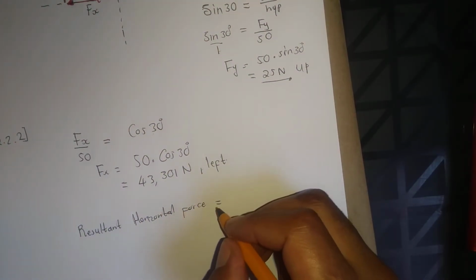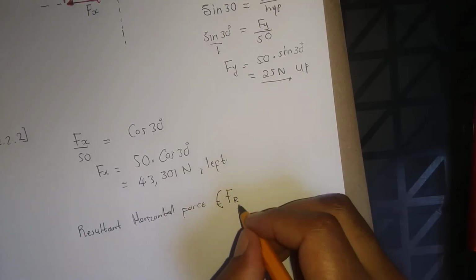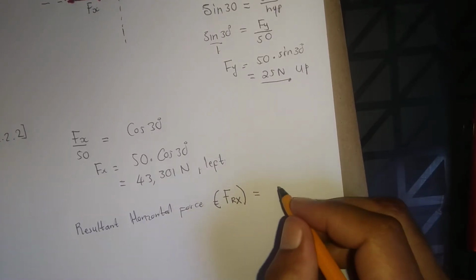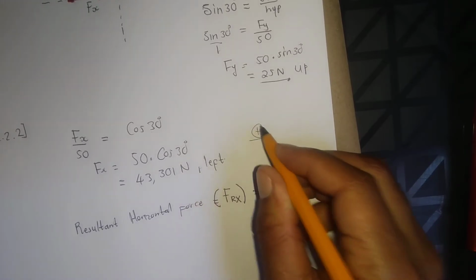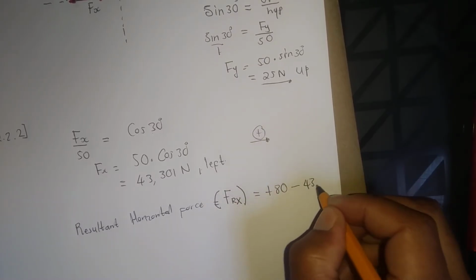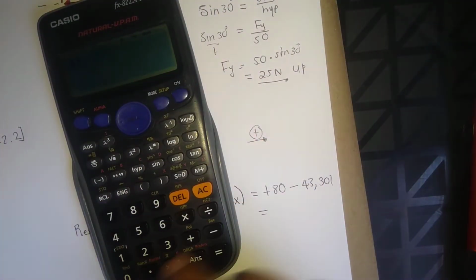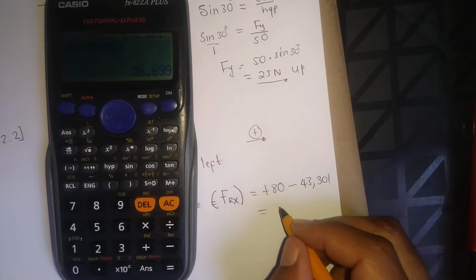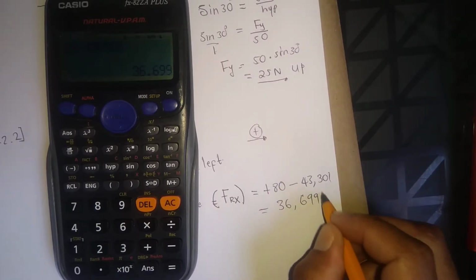The resultant horizontal force, FR in the x-axis, is equal to, and we choose a direction, let's say to the right is positive, so it's positive 80 minus 43,301, which is equal to 36,699 Newton.